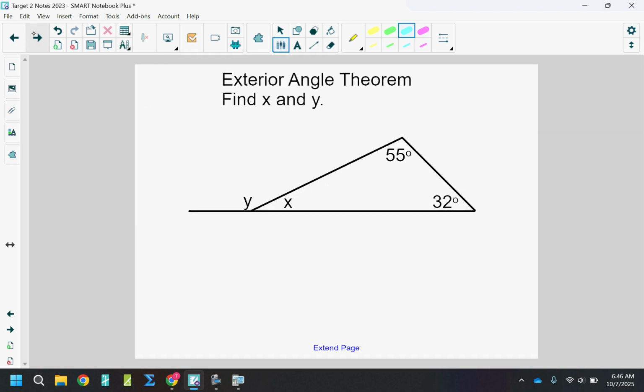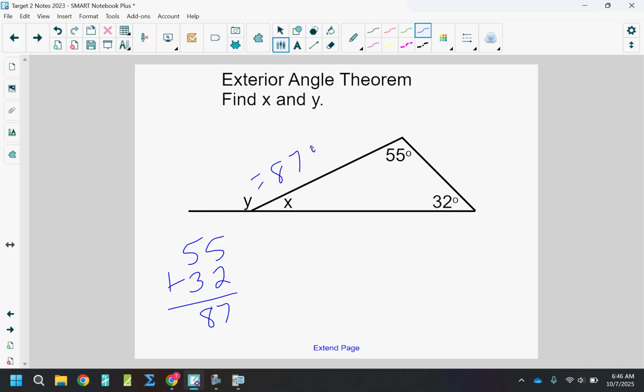So if I do a couple example problems, if I look at this one here, I could do this one in a couple different ways. I could find y by using that theorem we just learned, which is if I add up the two remote interior angles of 55 and 32, that gives me 87 degrees, and that would be y.